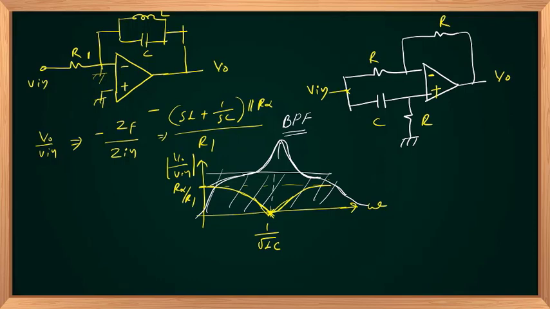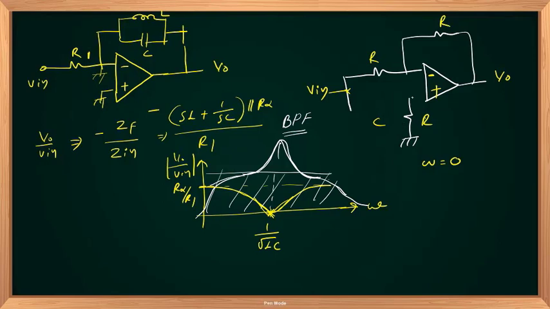If you are asked to identify the type of filter, then again let us assume two extreme conditions. Omega equal to 0: a capacitor acts as an open circuit.